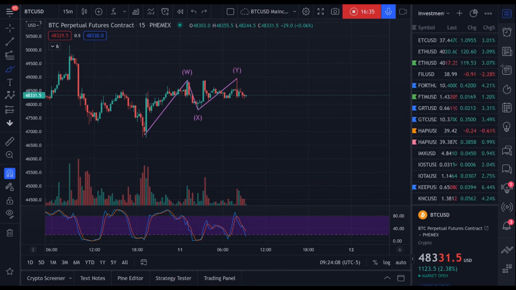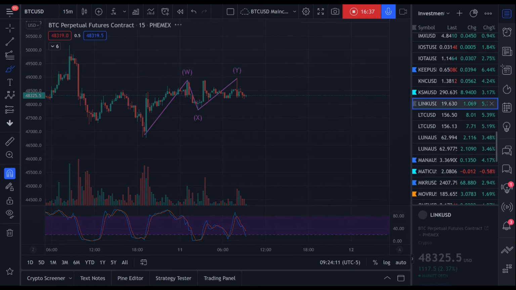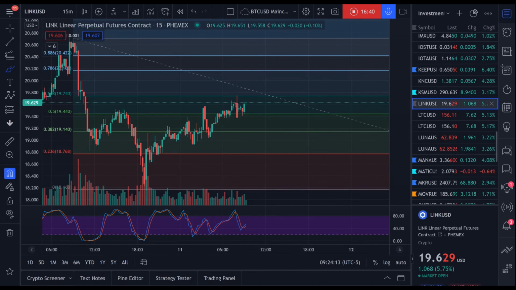So back to Link, I think that a drop is imminent, okay? And so that's what I'm trading. And if I'm wrong, I'm wrong, but I'm not going to take a big loss. Why? Because I'm going to put my stops up here. Because if we get into this region, we're going for at least the 786.